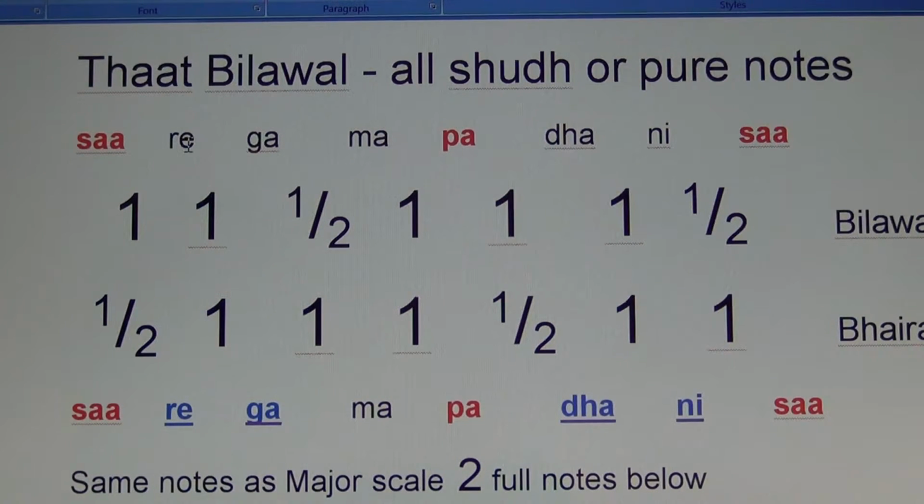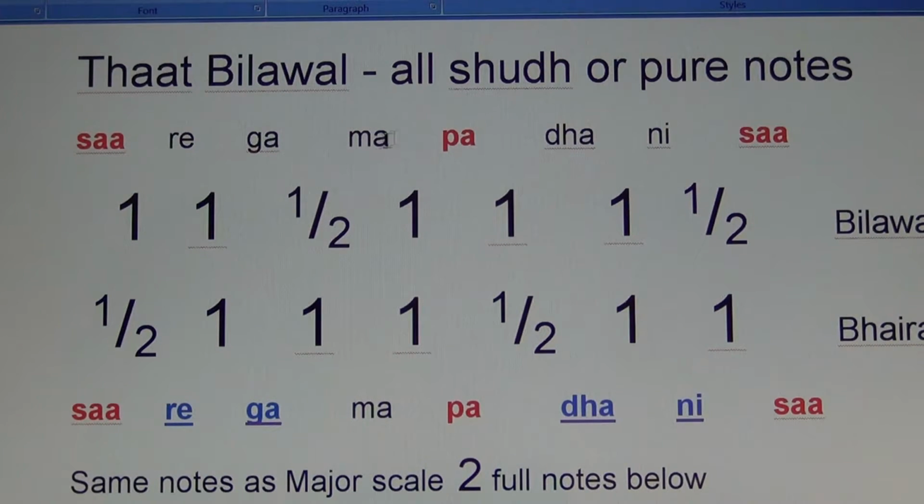From sa to re, for the shuddha re, we have one full note. Here we have a half note, which means re is now komal or flattened. From sa to ga we have two full notes. In this case, sa to ga we have 1 and a half. Again, it's a half note less, so it means that ga is flattened or komal.